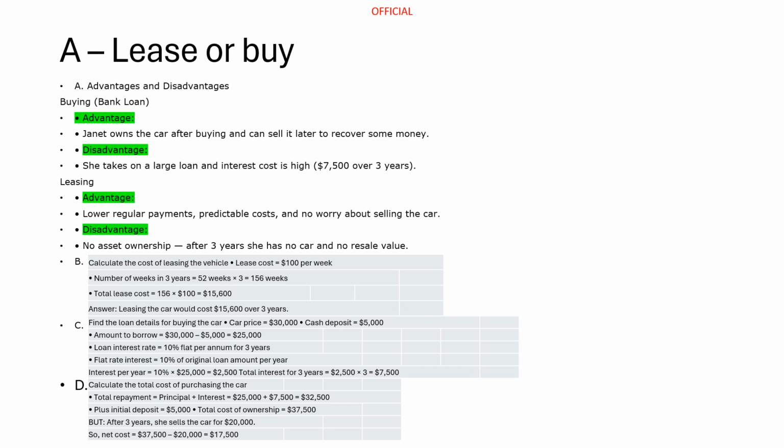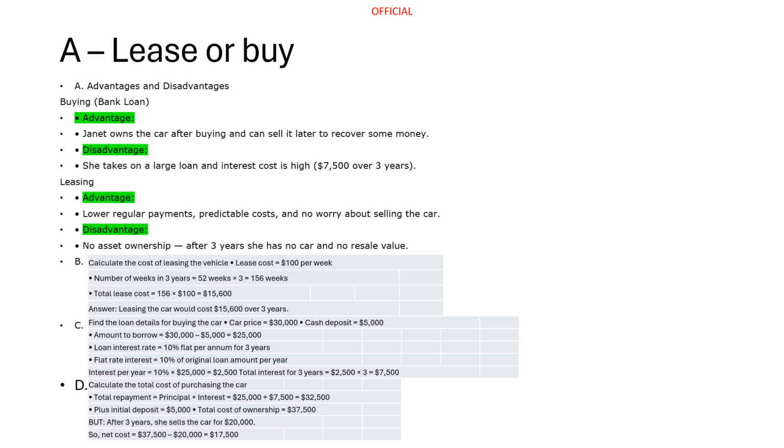That means $7,500 over 3 years. For leasing, advantages can be lower regular payments, predictable cost, and no worry about selling the car. The disadvantage is no asset ownership. After 3 years, she has no car and no resale value. She'll probably have to hire another car.